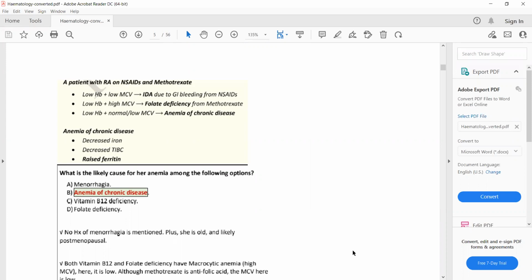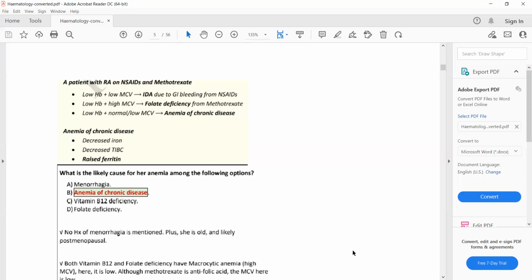These inflammatory cytokines decrease the iron that is available, or you can say they increase the storage of iron. They promote the storage form of iron, that is ferritin. So this iron is not available in free form for erythropoiesis.